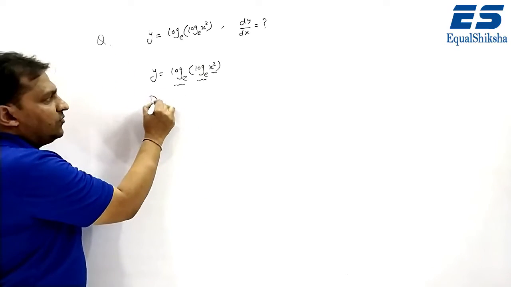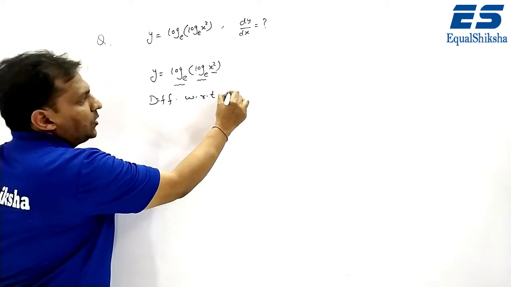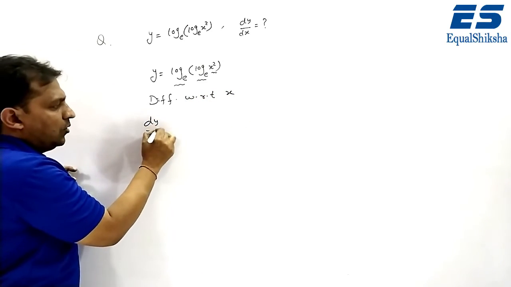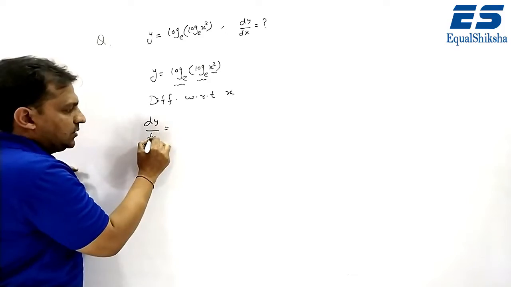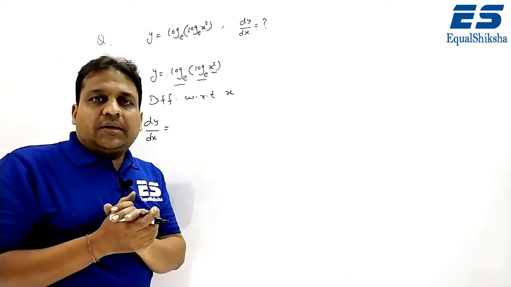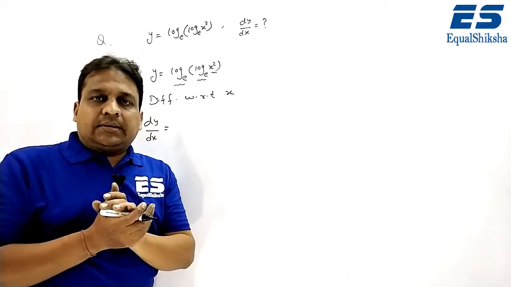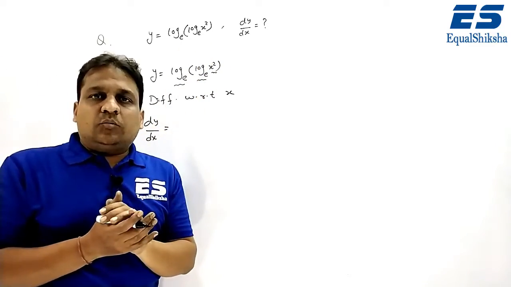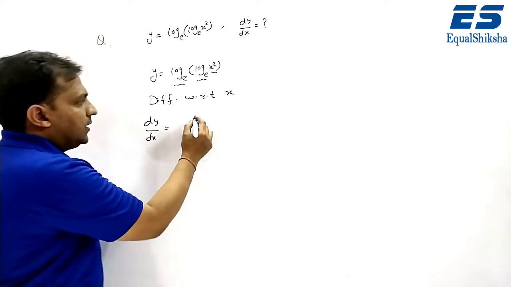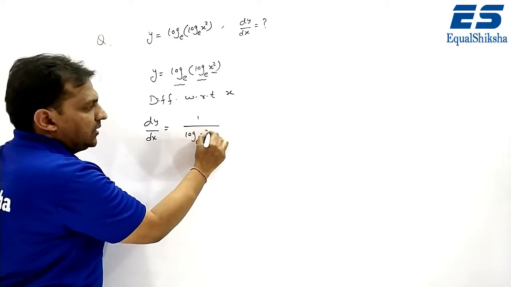For differentiation of such a question, first we differentiate only the first function, and the remaining functions will be considered as x. So here the first function is log, and the remaining function, log of x square, will be considered as x, and the differentiation of log x is 1 upon x. So here there will be 1 upon log base e of x square.